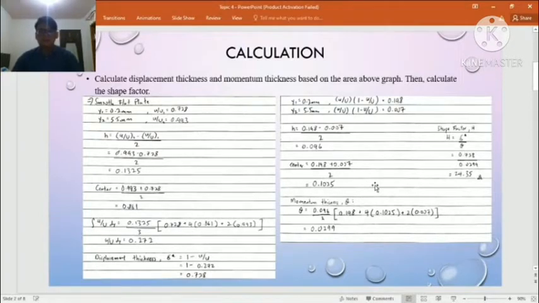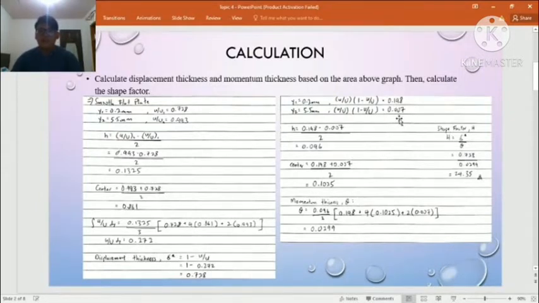Next, we need to find the momentum thickness. The steps are more or less the same as the previous one, the difference is that when y1 is 0.2 millimeter, we use this formula, the velocity ratio multiplied by 1 minus velocity ratio, and we get 0.198.